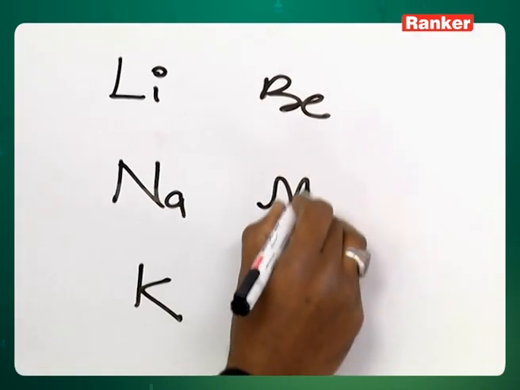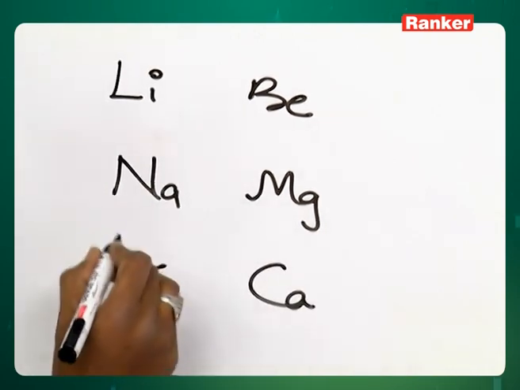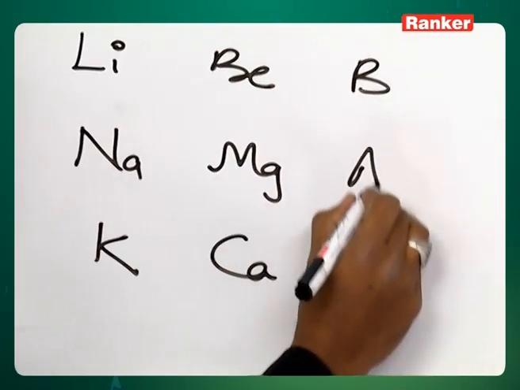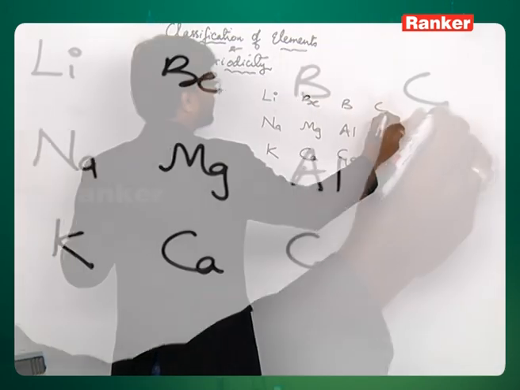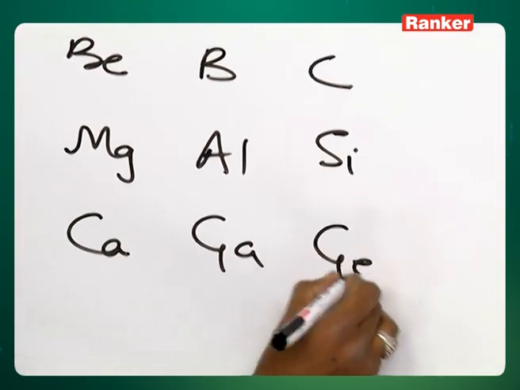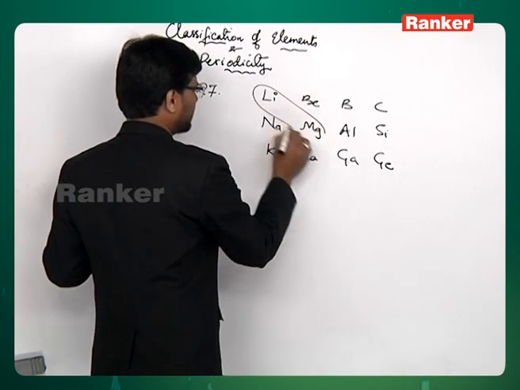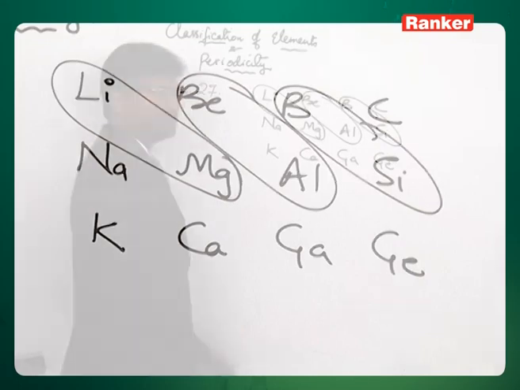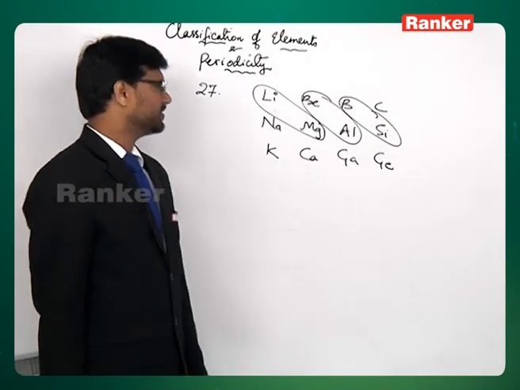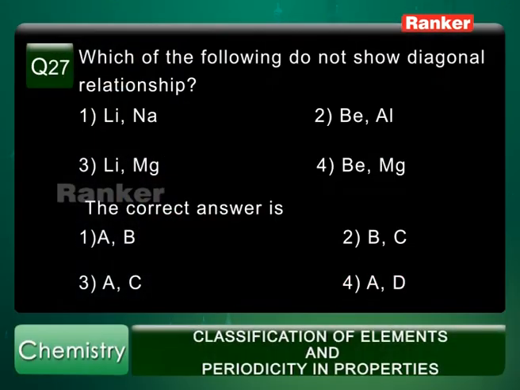Beryllium, magnesium, calcium, this is group 2A. Boron, aluminium, gallium, and so on, this is group 3A. Carbon, silicon, germanium, and so on. This is one diagonal pair, this is another diagonal pair, this is another. There are only 3 diagonal pairs in the periodic table. Therefore, the correct answer has to be fourth option, AD.